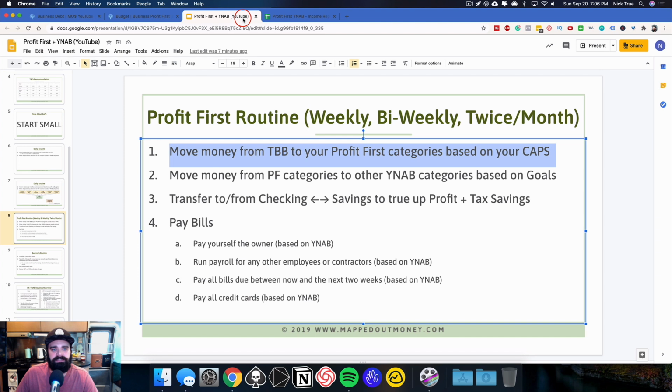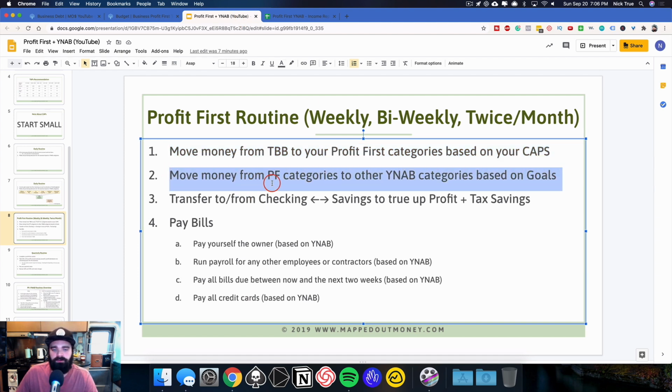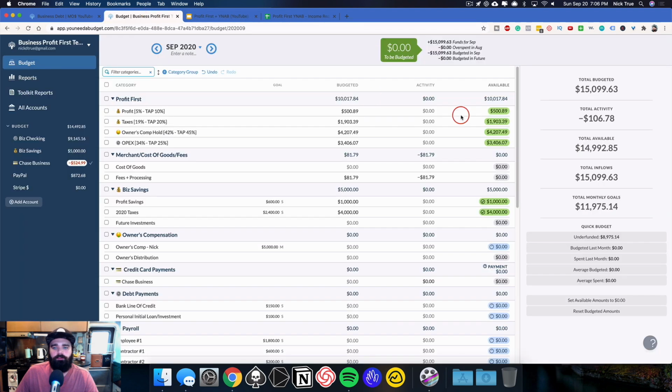Let's go see what our next step is. So our next step is we're going to move money from our Profit First categories to the other YNAB categories based on our goals. So I want you to think about these categories as almost like their own miniature to be budgeted. They're pass-through categories. You are never, ever going to categorize an expense to one of these categories.